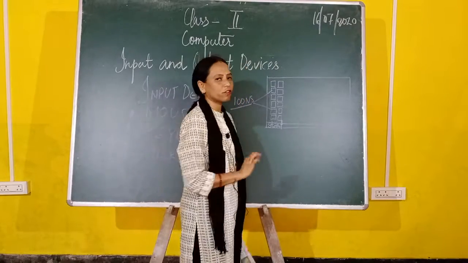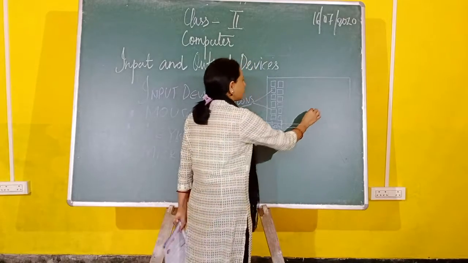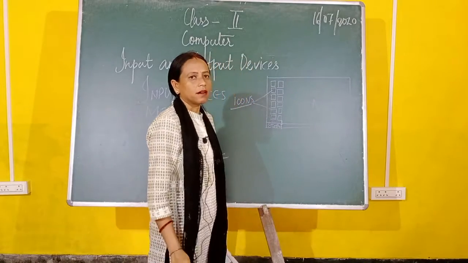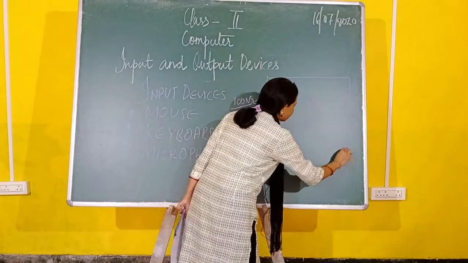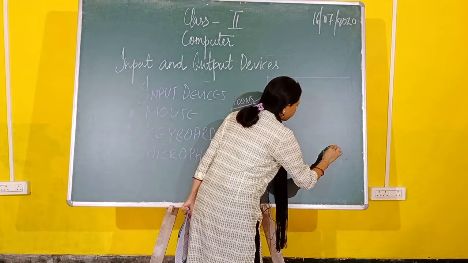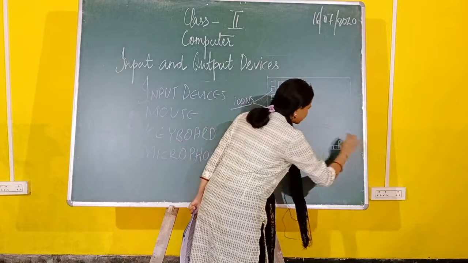Now suppose you want to draw inside. How can you draw? Can you see an arrow sign here inside the monitor? This arrow sign is linked with your mouse. There are 2 buttons on the mouse, left and right, and there is a long tail.